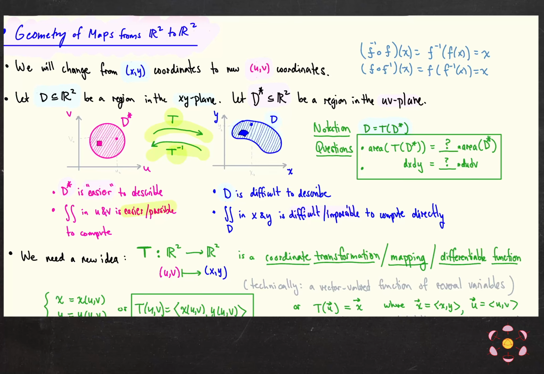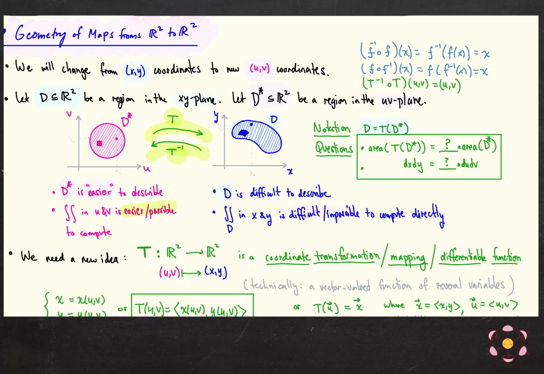So in the language of linear algebra, we would say things like T composed with T inverse applied to the point. T eats a point in the UV plane, and if I do T and then follow that with T inverse, I'll land back at the original input (u, v). That's essentially the function's point of view here.